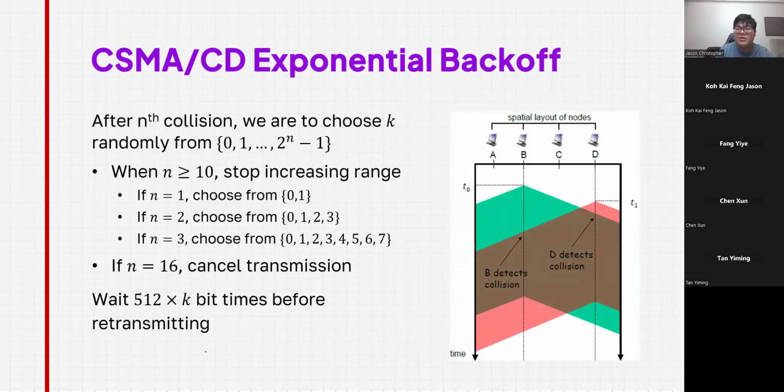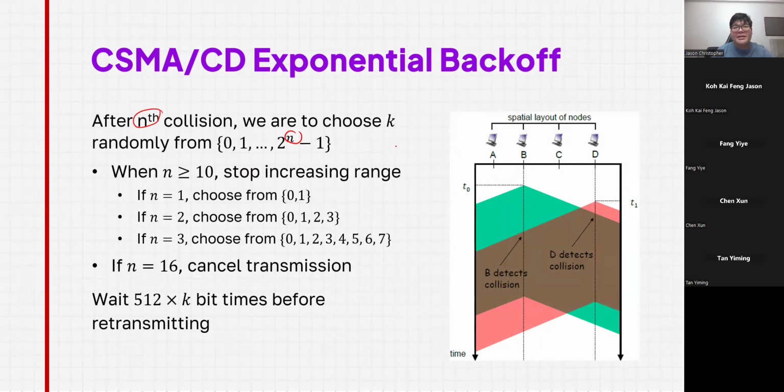Then also there's something called the exponential backoff. Exponential backoff is the case where CSMA/CD proposes a smart algorithm to determine how random it is to continue transmission. It is basically setting a certain range, say 0, 1, all the way to 2^n minus 1. This n depends on the number of collisions that have happened.